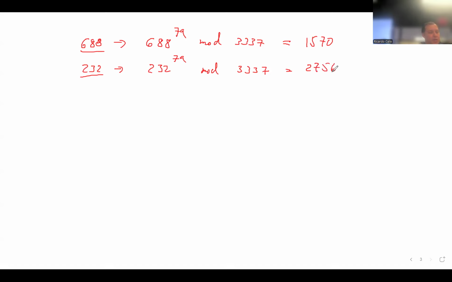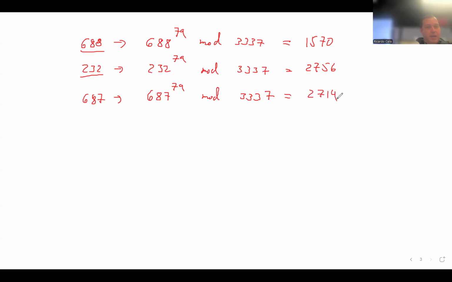Okay. Then I do the next one. Notice they're basically independent. So the next one is 687. So that's going to be 687 to the 79 mod 3337. And that's going to give us 2714.